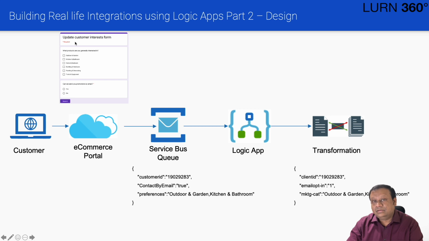Contact by email, which is true or false, is being mapped to the email opt-in field as a bit. So it's either 0 or 1. And whatever is in the preferences is being mapped directly to the marketing category for the destination JSON, right? So this is the transformation we will do inside the logic app.